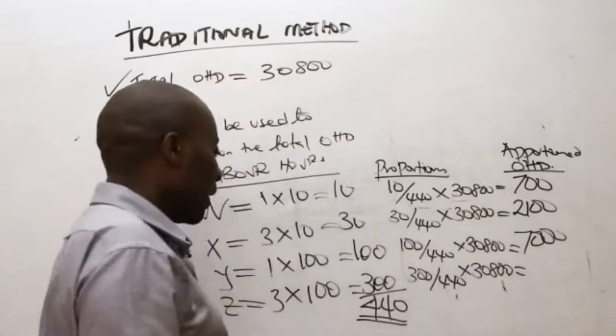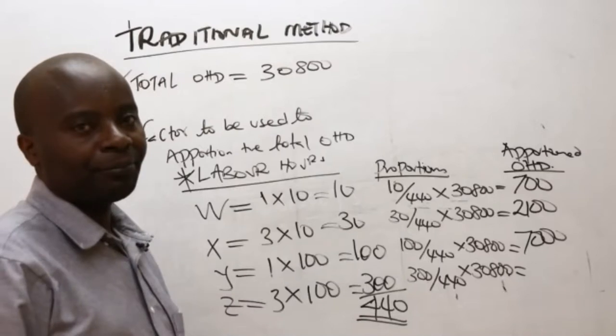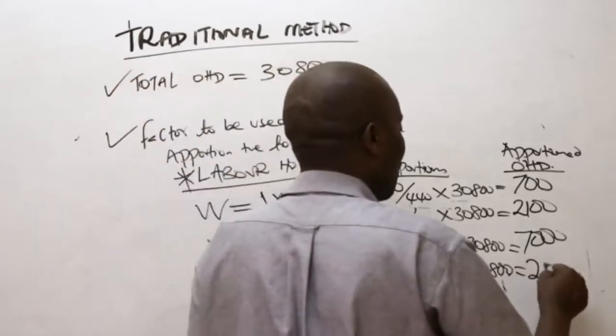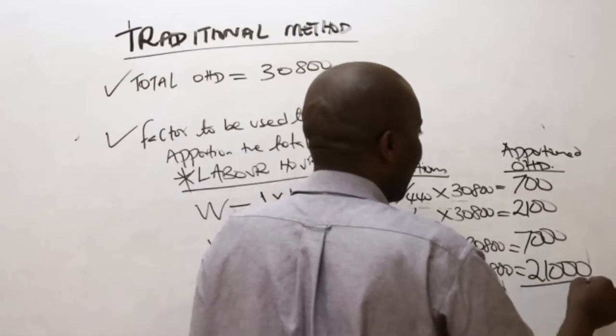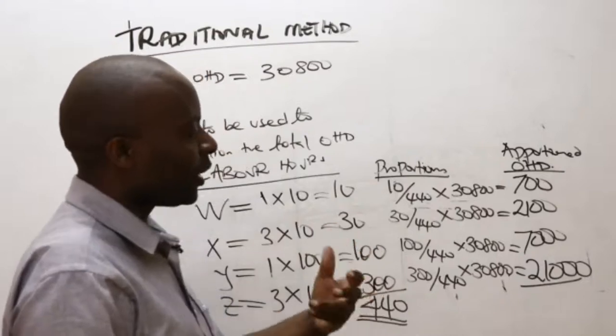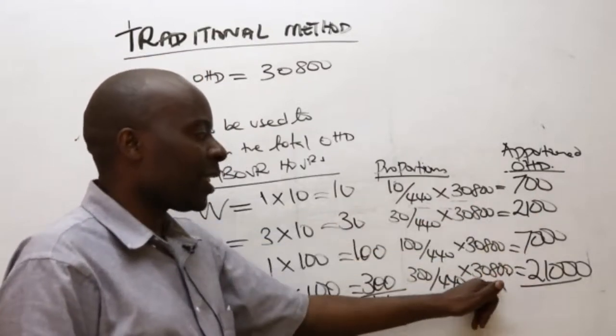And then we have Z. 21,000. Thank you very much. For purpose of checking your accuracy, you can add the total, and you should be able to get 38,800.